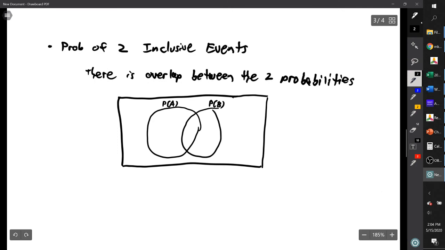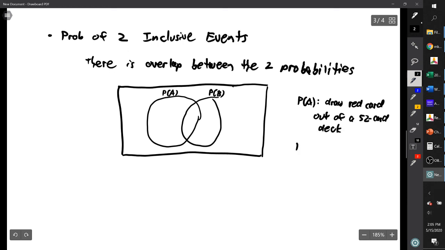So let's say P of A is drawing a red card out of a 52 card deck.